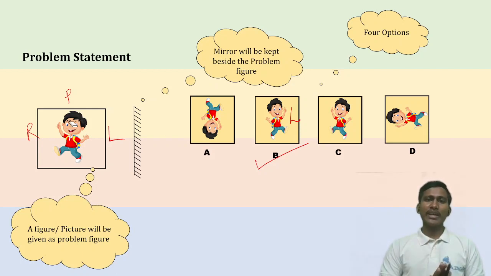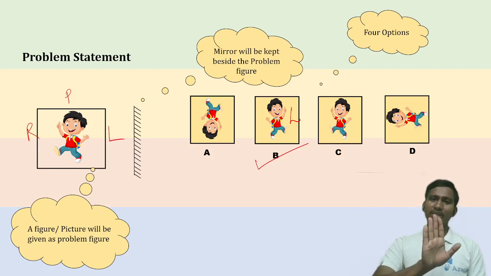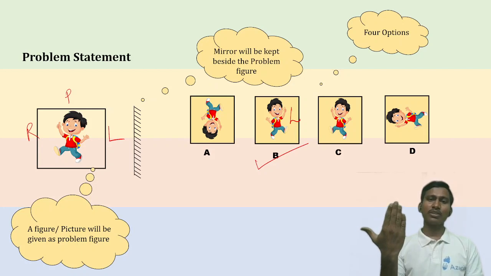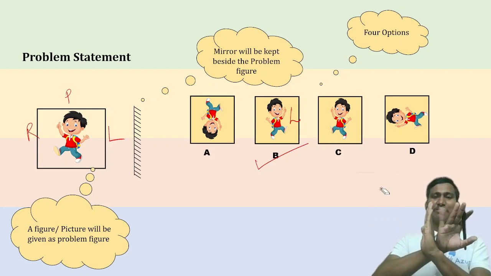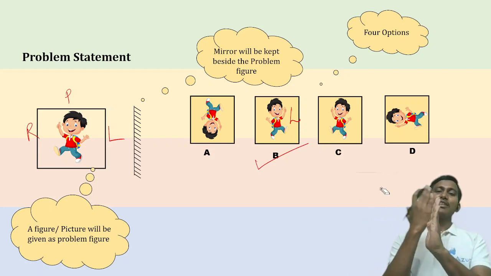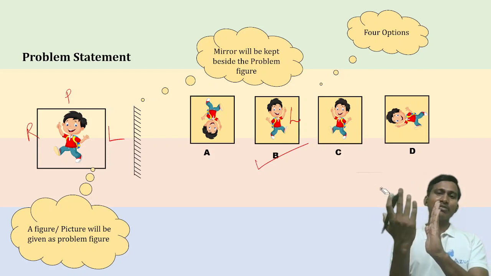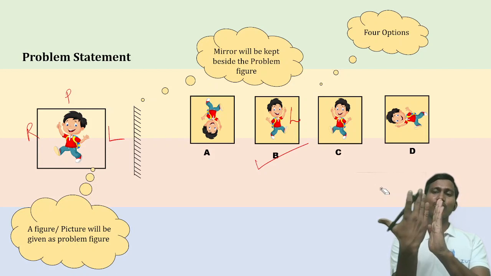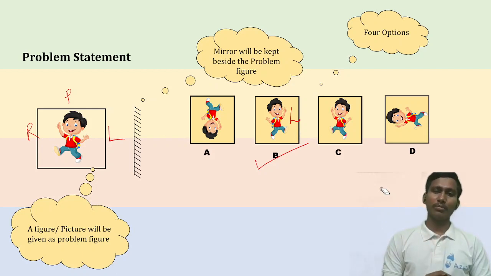Either you can remember it as, if this is the figure, it flips like this. The pinky finger is near the mirror, so in the mirror image the pinky finger will also be near the mirror. So can you see here? The thumb will be away from the mirror. So right became left, left became right.